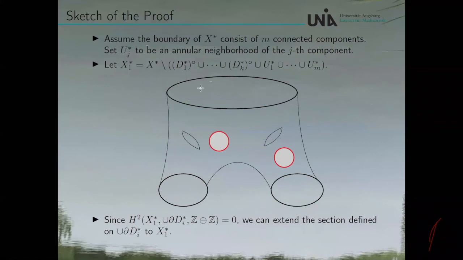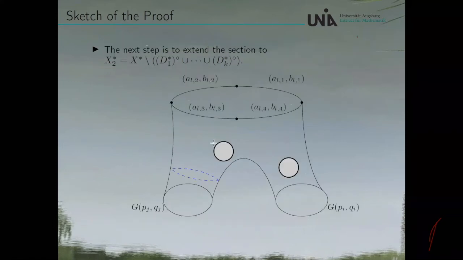If I use obstruction theory, I see that the sections that I constructed on the boundary of these small disks can be extended. Okay, now I want to extend this section on the annular neighborhoods of the boundary component.